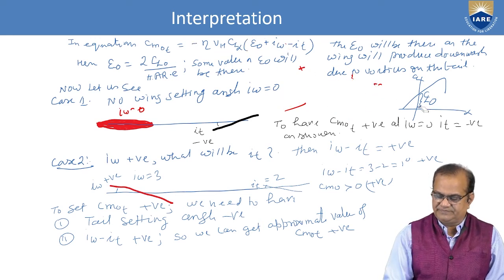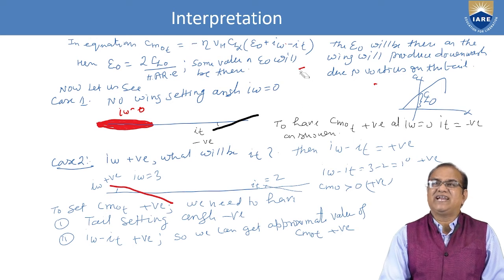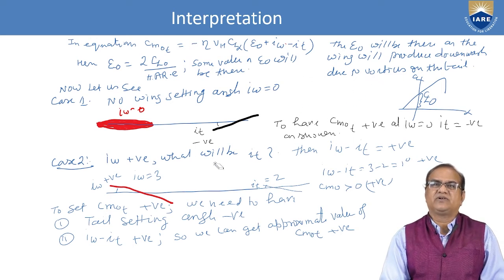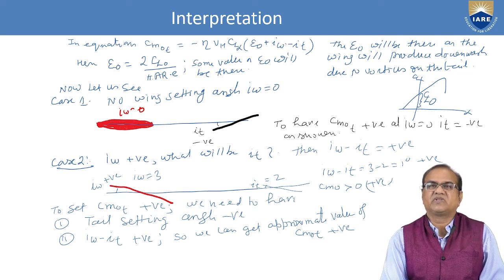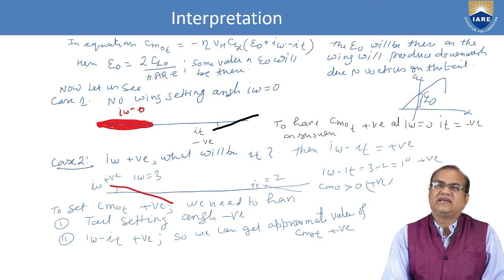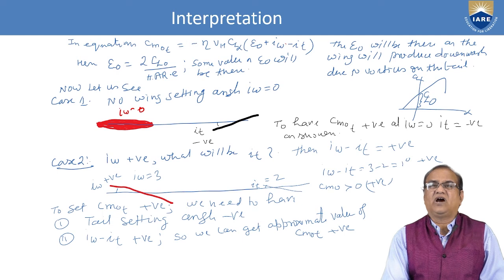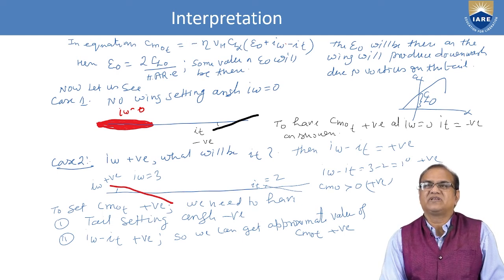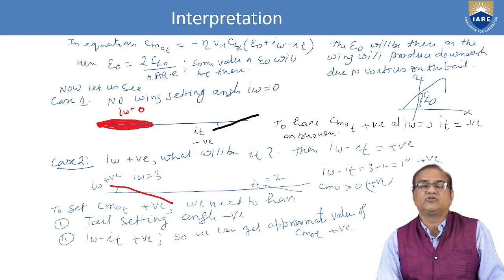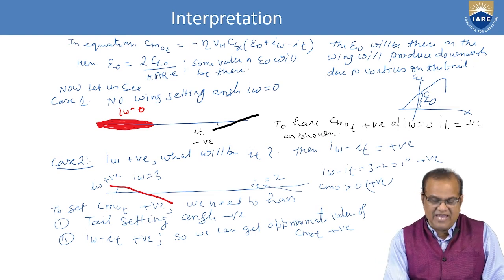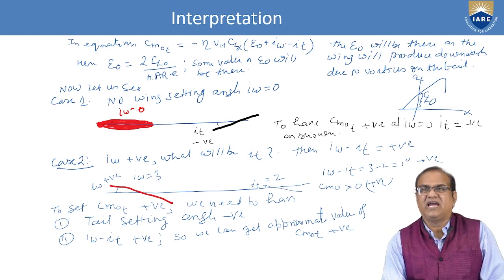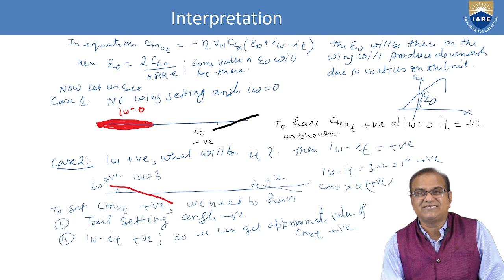Now the second case I'm going to discuss: if the setting angle of the wing is positive, what will be the tail setting angle? So here if you see iW minus iT, it should be positive. So if I put here some 3 degree, it should be less than this.